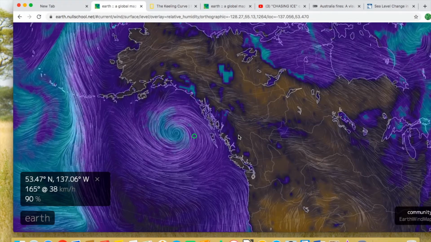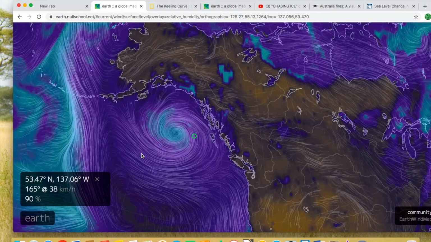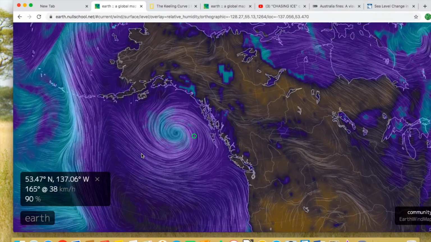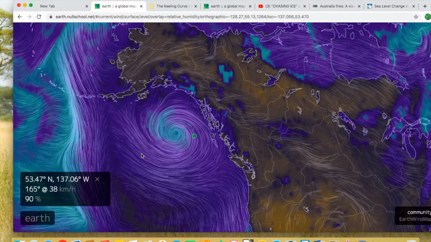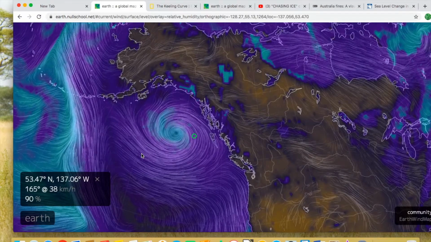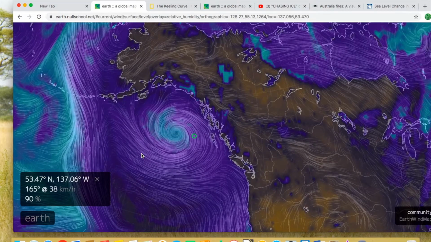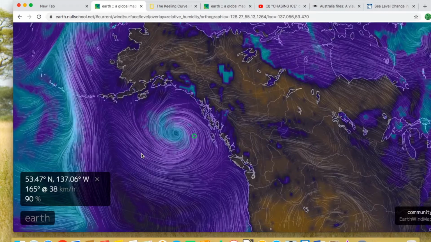in Smithers. What this map here shows is a map of what's called relative humidity. So in other words, how much water can fit into the atmosphere relative to the maximum. So your relative humidity is always going to be higher in tropical places where it's really muggy because it's really warm and lots of water can evaporate into the atmosphere.